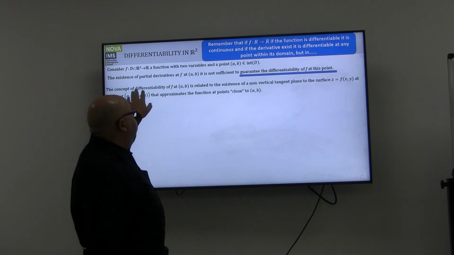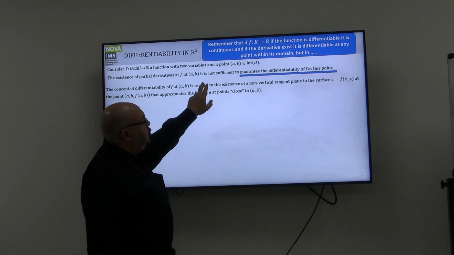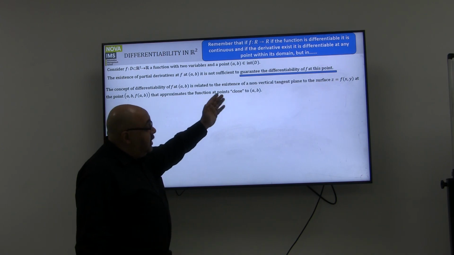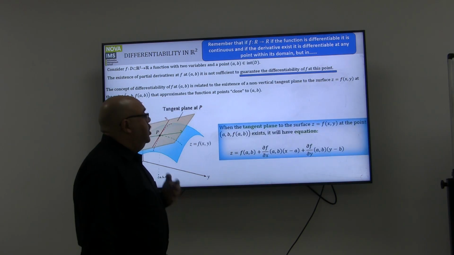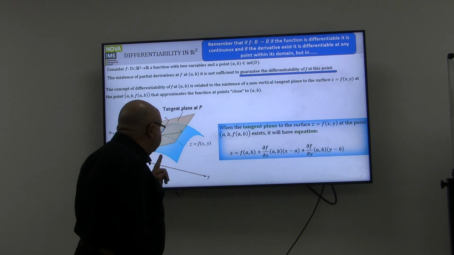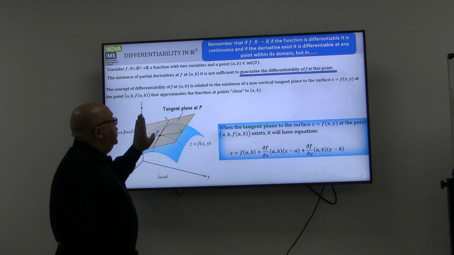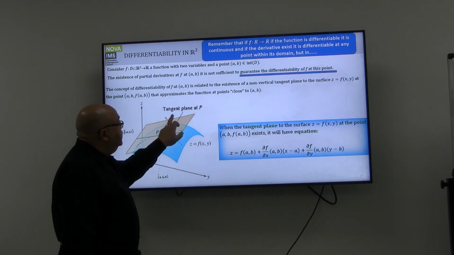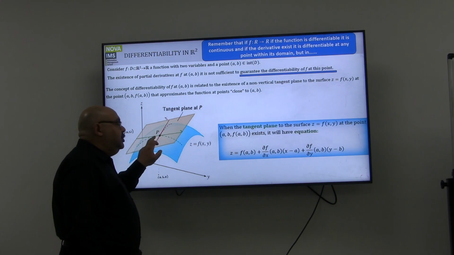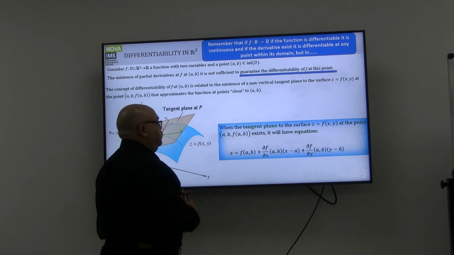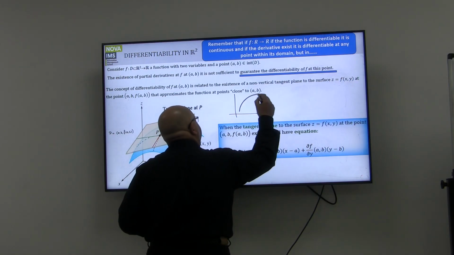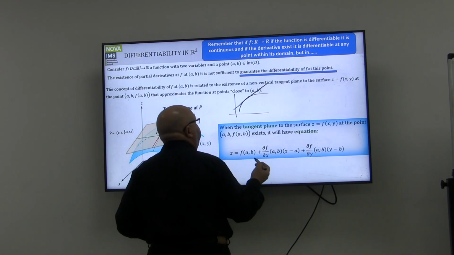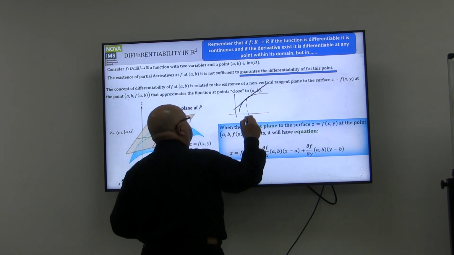The concept of differentiability of f at (a, b) is related to the existence of a non-vertical tangent plane, which is mainly a generalization of the previous idea. So once more, in one dimension we find a tangent line to your curve. If this is the y-axis and that's the x-axis, and this is your function, that's the tangent line that we are seeking to find at a certain point.